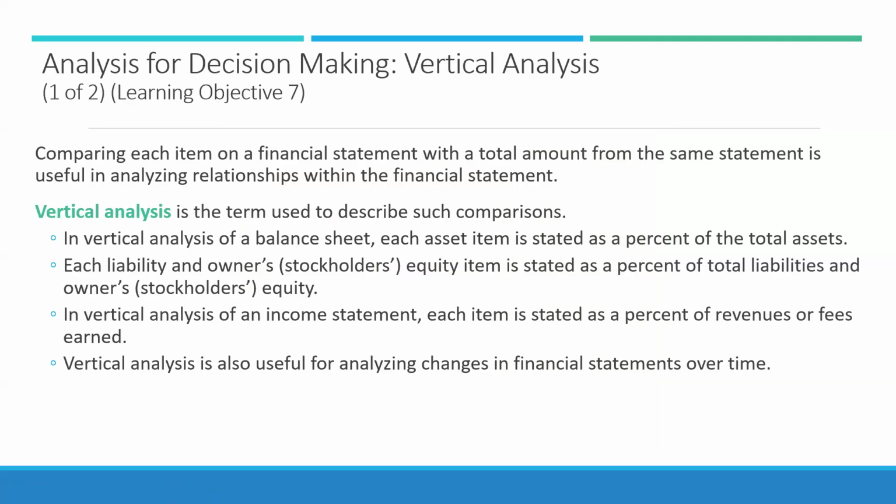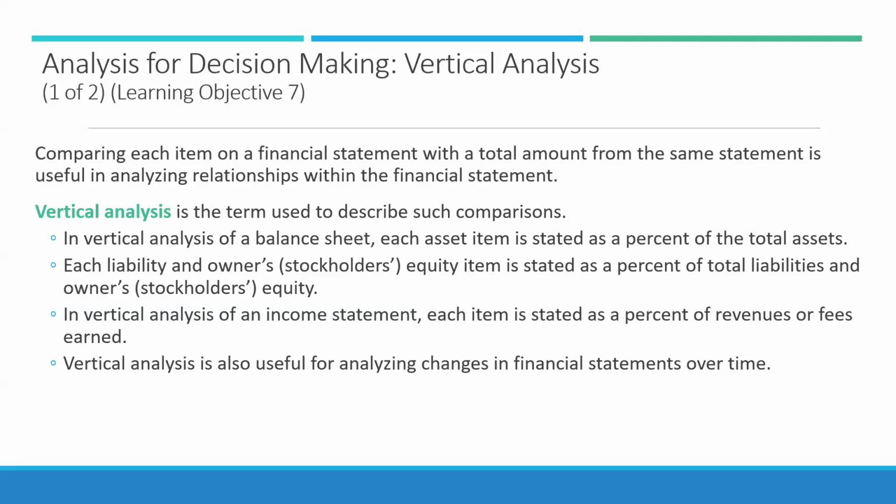Vertical analysis. You're going to learn a lot about this in chapter 15 at the end of the class. But this is a helpful way of being able to analyze information within the financial statements and among companies. In vertical analysis of a balance sheet, each asset is stated in terms of the total assets.